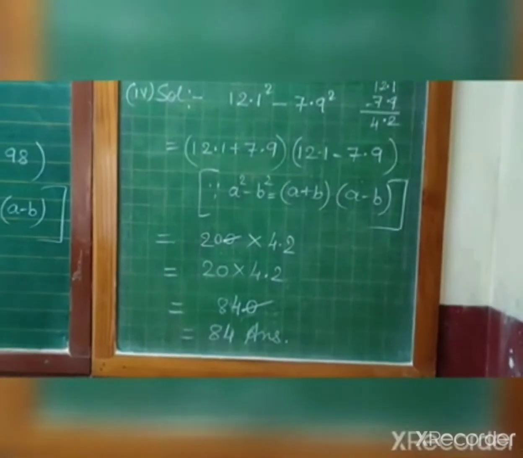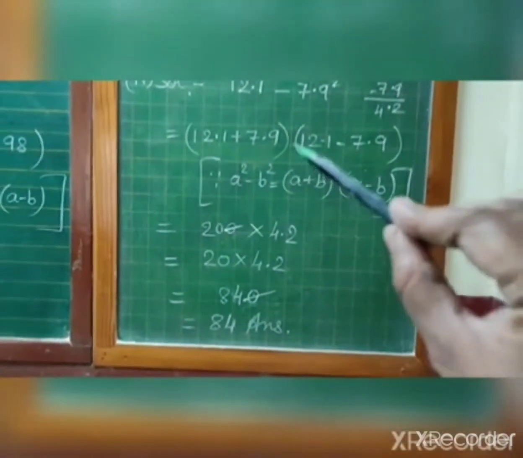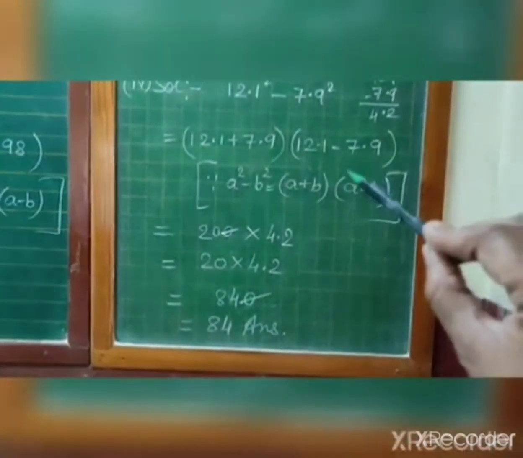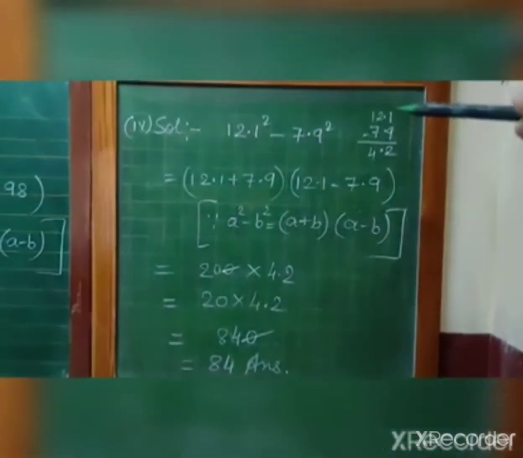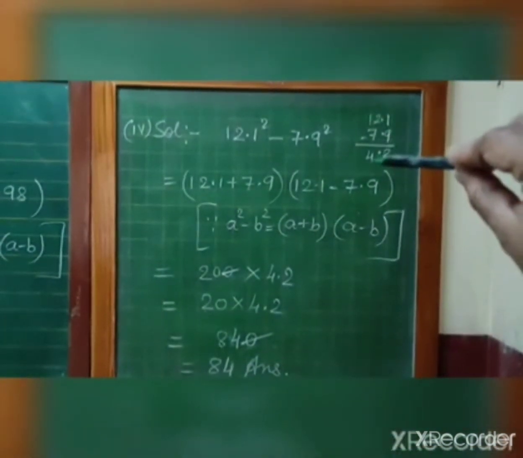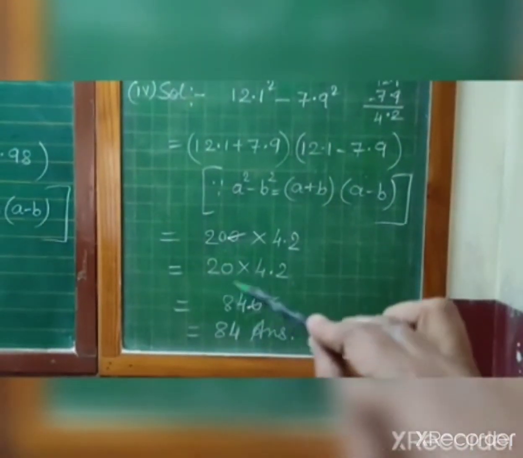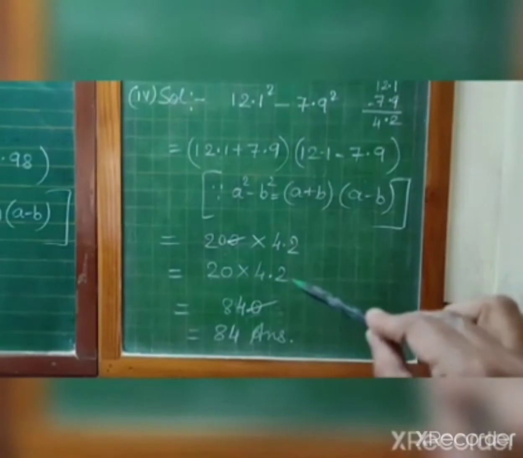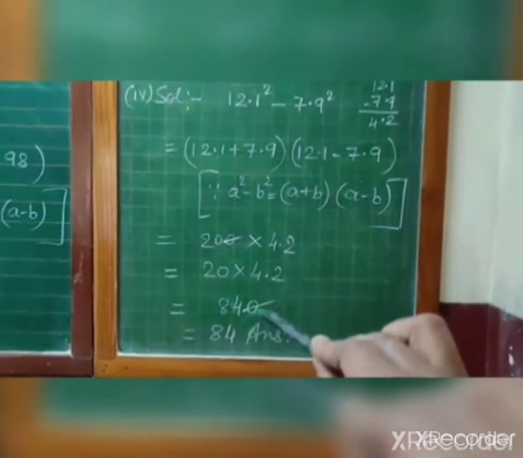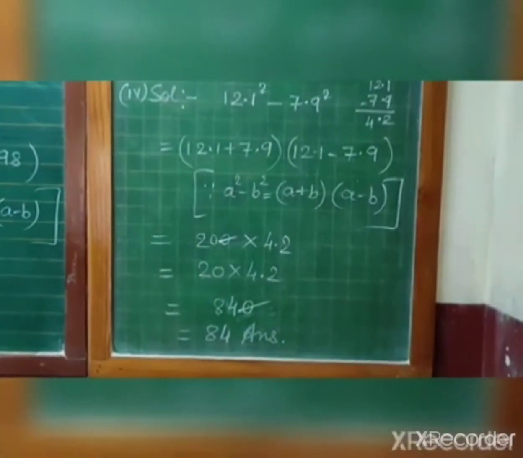In multiplication we add the decimal, but in addition and subtraction we will put it as it is. So 20. Now 12.1 minus 7.9. So 11 minus 9 is 2. Here will be 11, 11 minus 7 will be 4. So 4.2. Now when you multiply 20 into 4.2, you will get 840. And before 1 digit you put the decimal. So because of the decimal we can cancel the 0. So the answer will be 84.